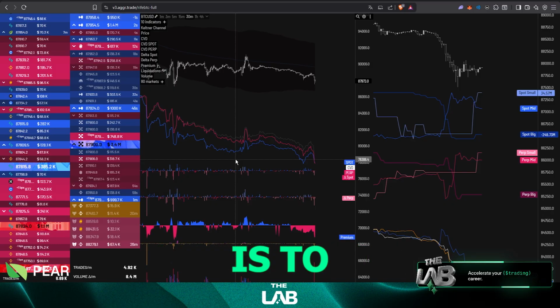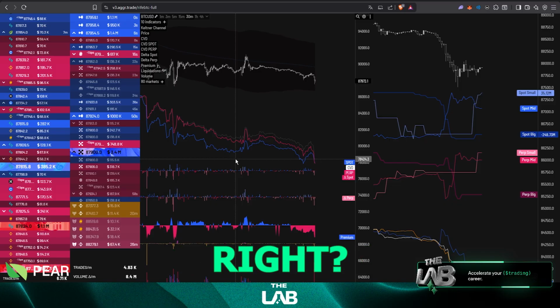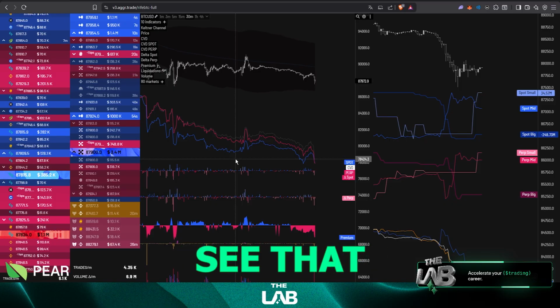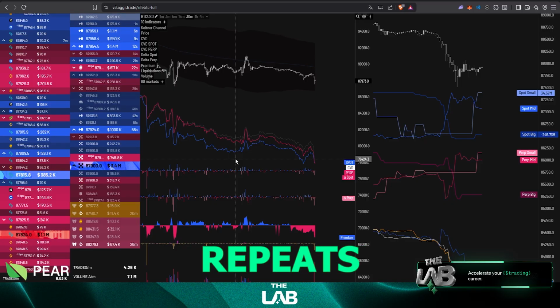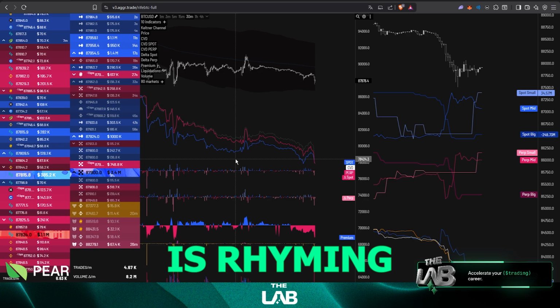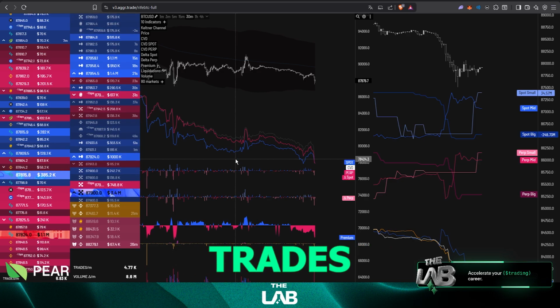And the goal essentially is to front run New York open flows of Monday's session, right? So sometimes you will see that the flow repeats itself and the outcome is rhyming itself, right? So you have an edge of a higher probability trade.